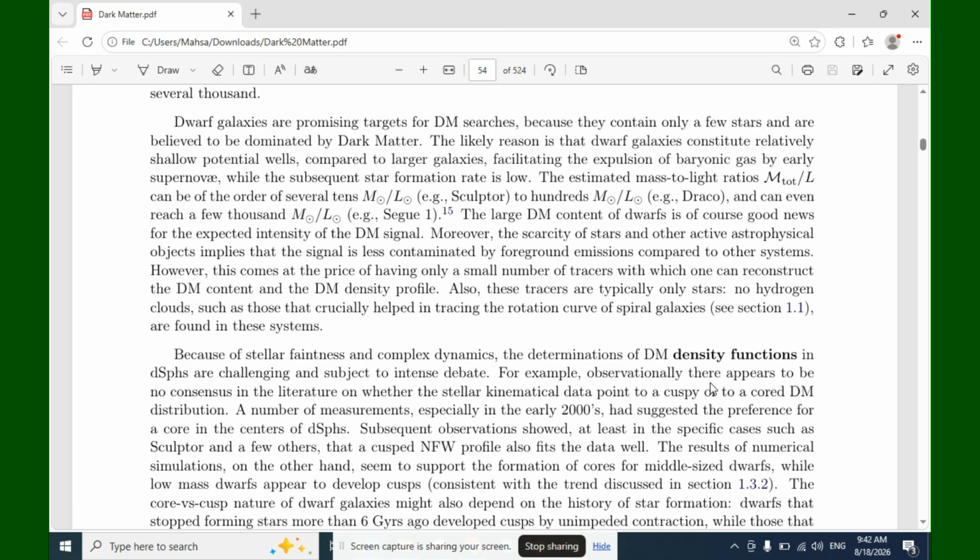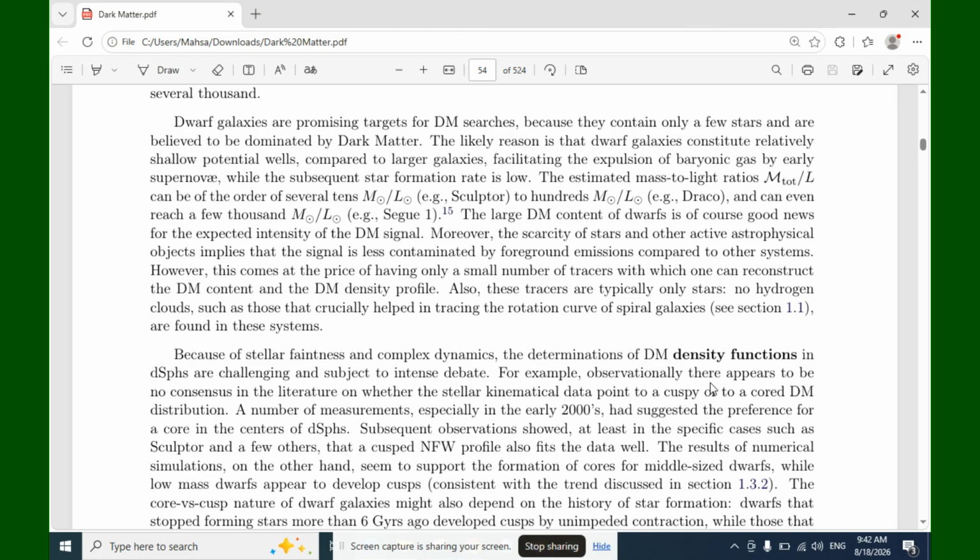Moreover, the scarcity of stars and other active astrophysical objects implies that the signal is less contaminated by foreground emissions compared to other systems. However, this comes at the price of having only a small number of tracers with which one can reconstruct the dark matter content and the dark matter density profile.